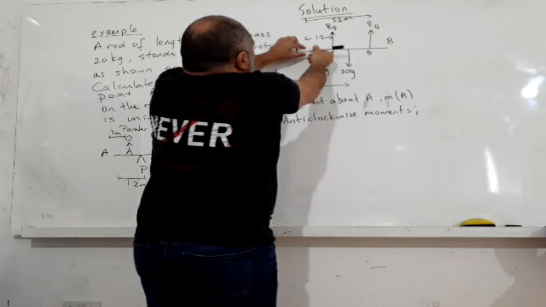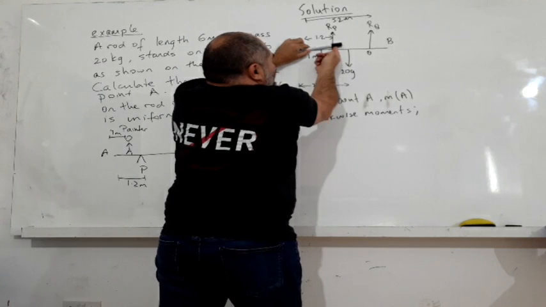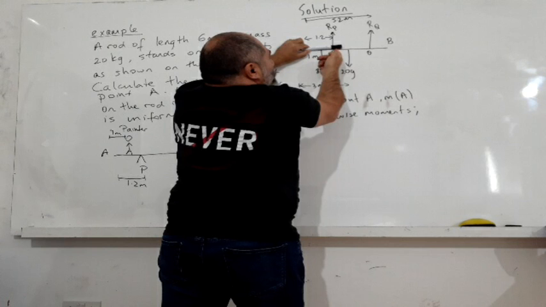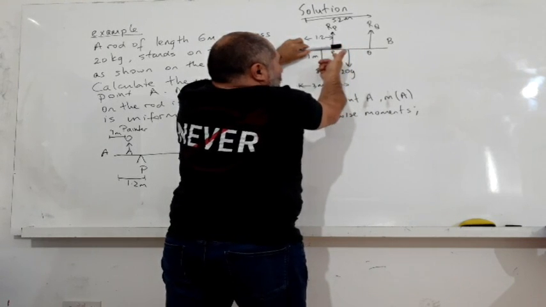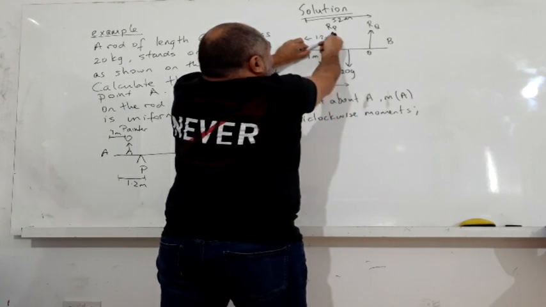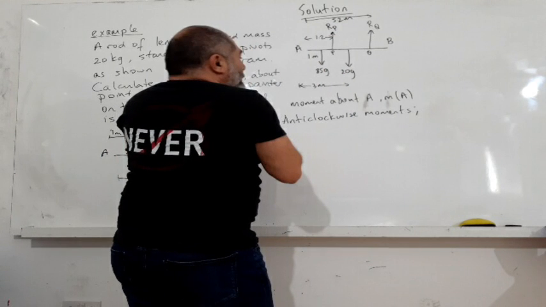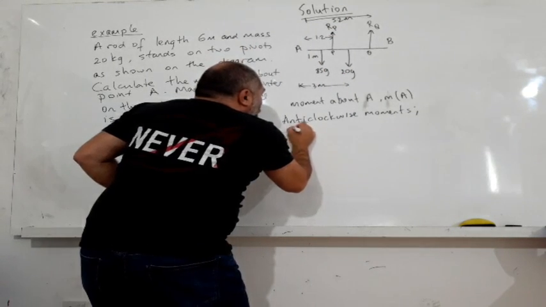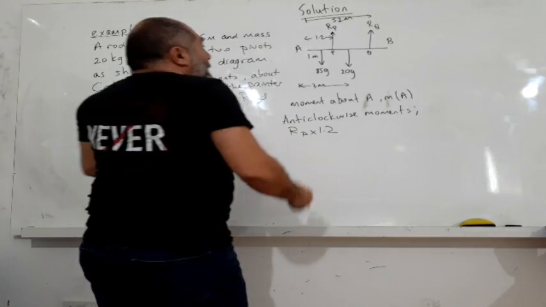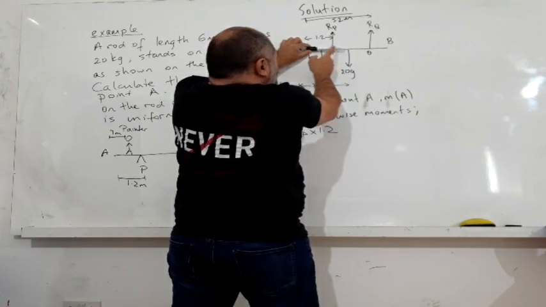And P tries to turn the plank, the rod AB, in the anti-clockwise direction. What is the distance? 1.2. What is the force? RP. So the first anti-clockwise moment is force times the distance, RP times 1.2. We have another force here, RQ, which tries to turn the rod in the anti-clockwise direction.